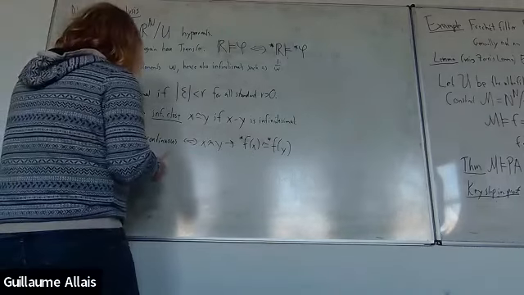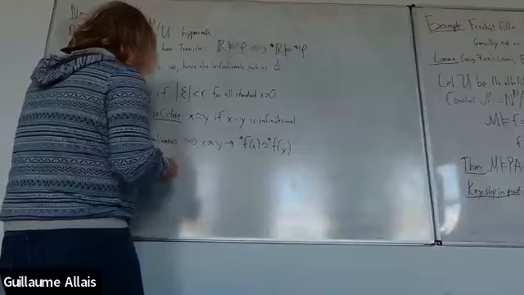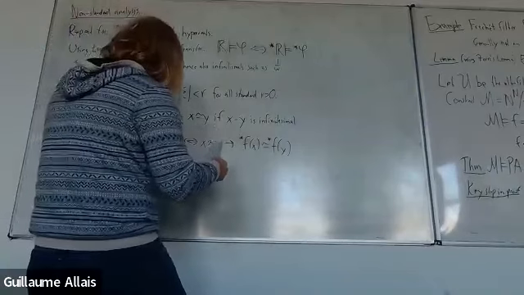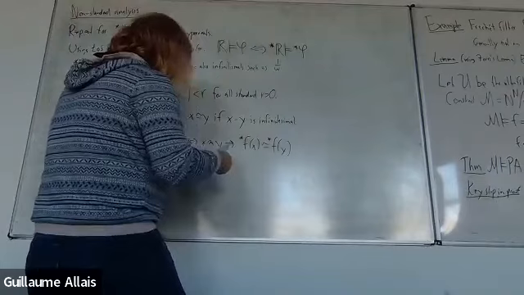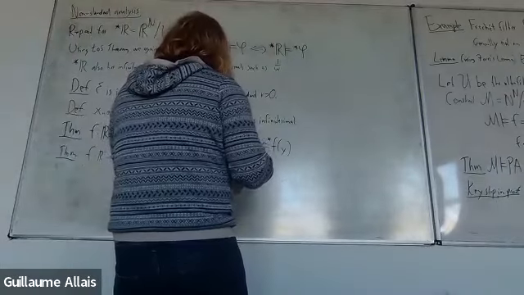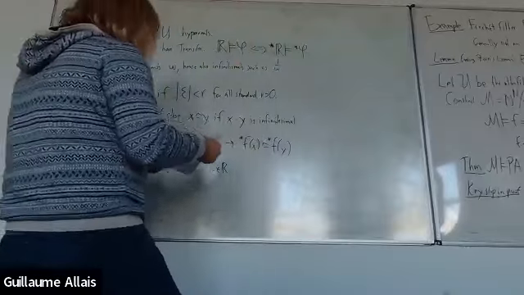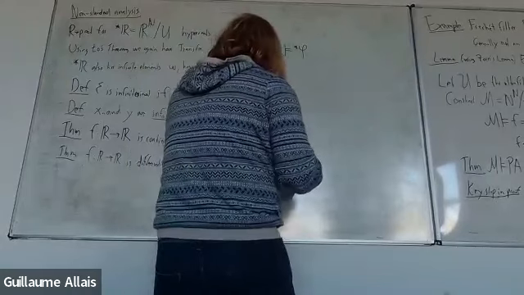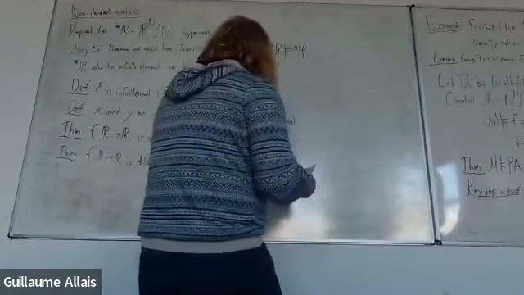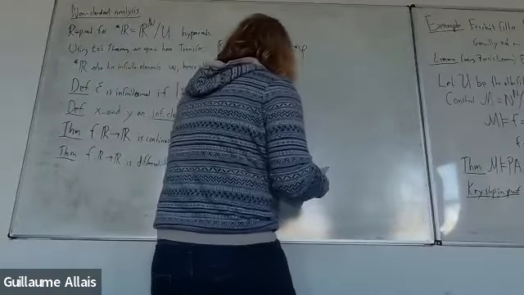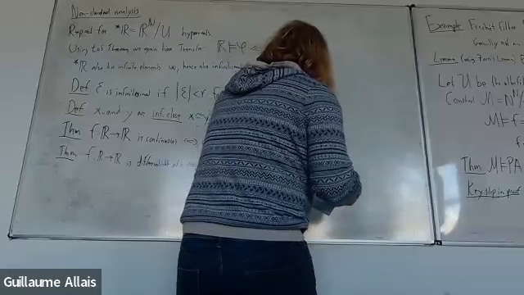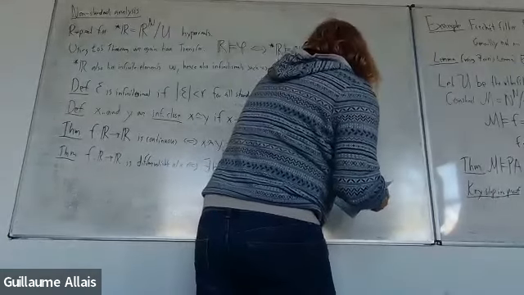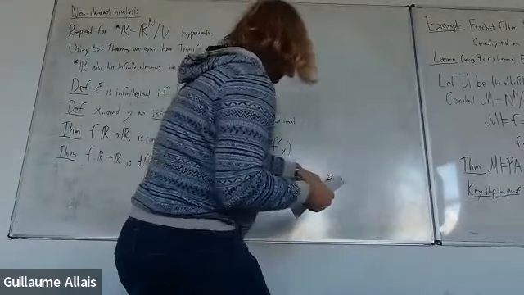In the same way, you can say that the function is differentiable at x if and only if there exists b, so this is the derivative, such that if I now take f of x plus an infinitesimal minus f of x, divided by the infinitesimal, that is infinitely close to b for every non-zero infinitesimal.